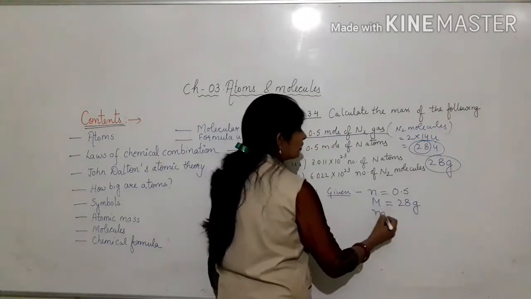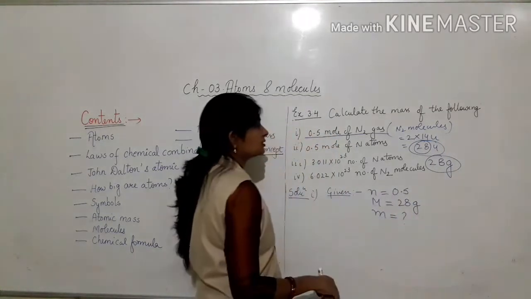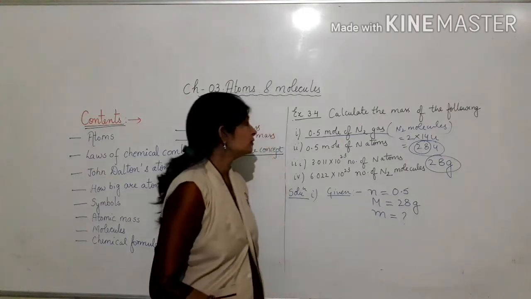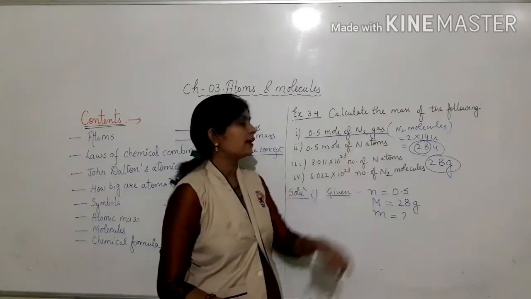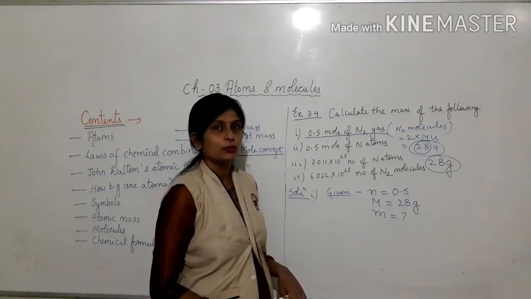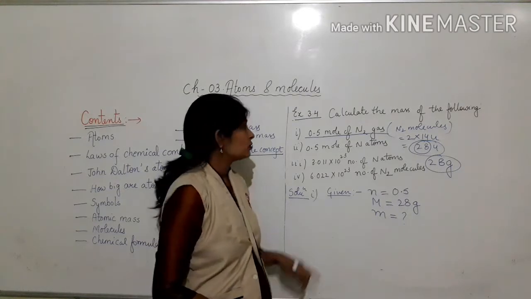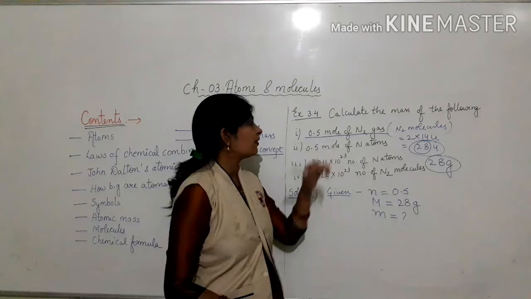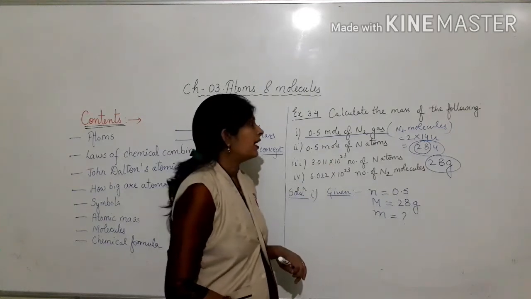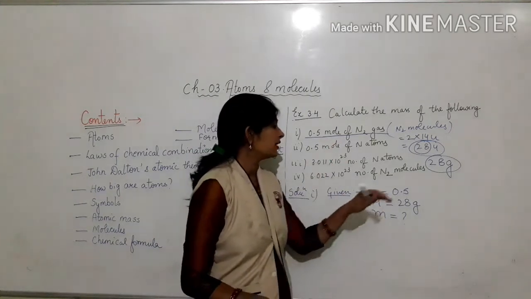Now we have to calculate the mass of 0.5 mole of nitrogen gas or nitrogen molecules. Number of moles is 0.5 and the molar mass is 28 gram.